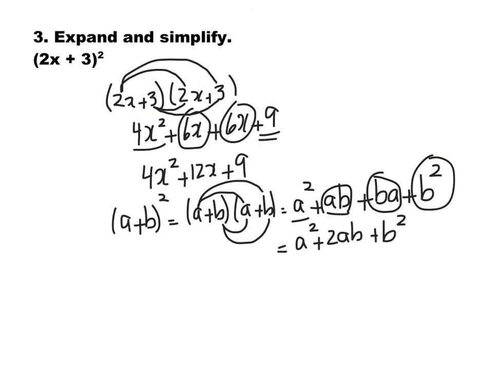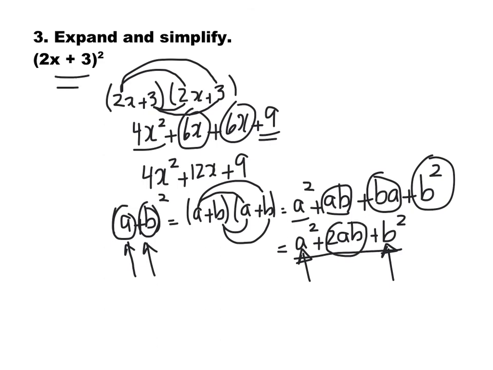Now this means that for a plus b squared, you just square the first term, which is a squared here. Then you square the second term, which is b squared. And then you multiply the first term by the second term, and then multiply the result by 2. You get this one.